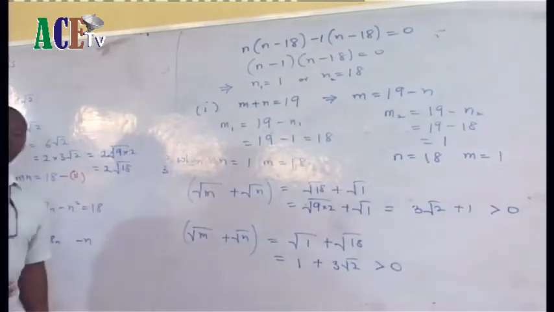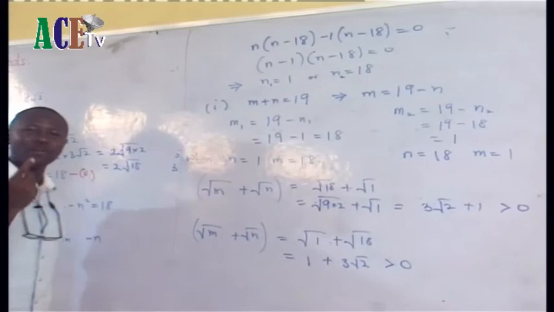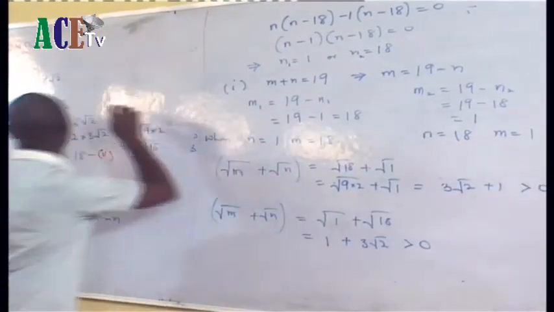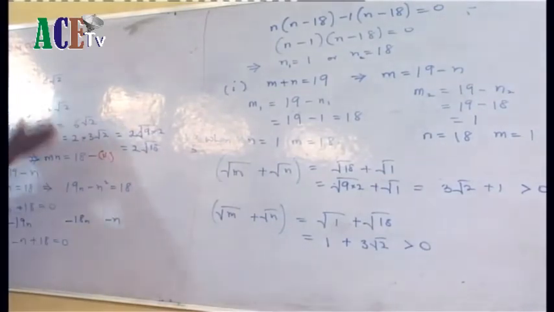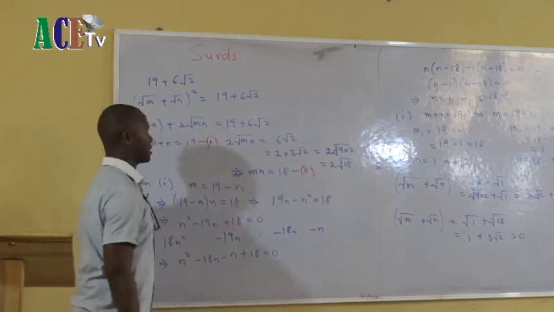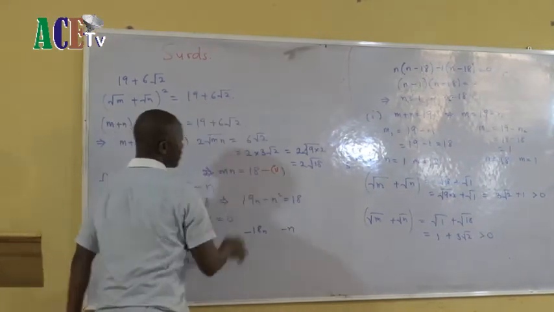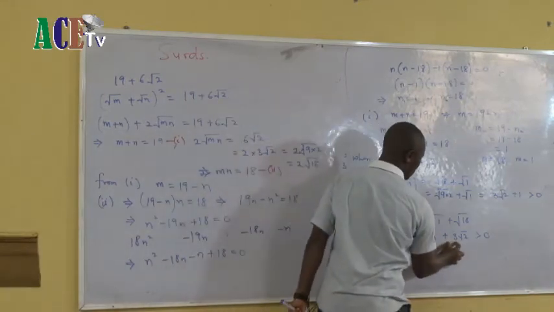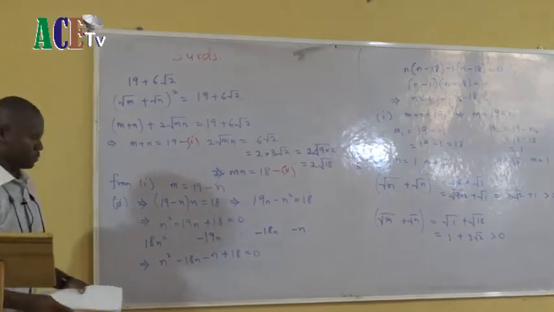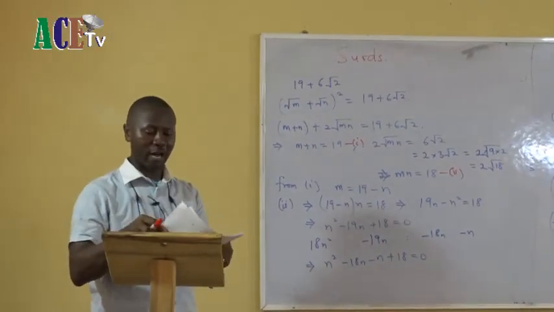We observe that both produce the same square root, so when we multiply it with itself, it gives us 19 plus 6 root 2. We've been able to look at that particular problem.